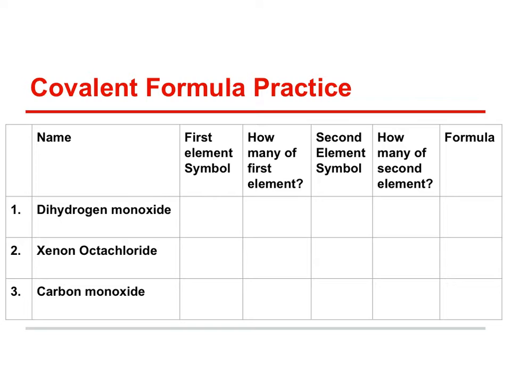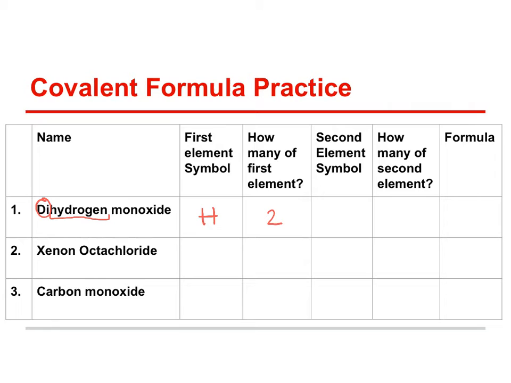First one, dihydrogen monoxide. So we're going to do the symbol first. Hydrogen is my base, my element, and the symbol for that is H. Then di is my prefix, and I'm going to look that up and see that di means 2.